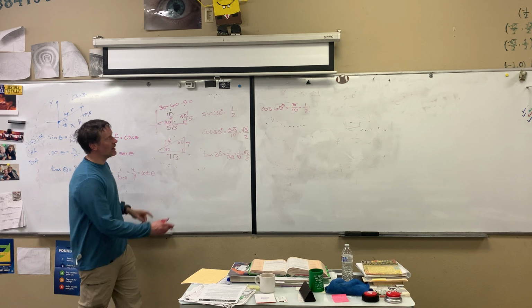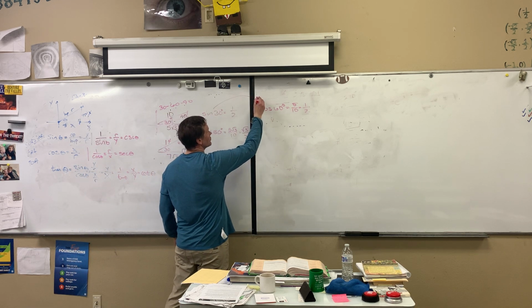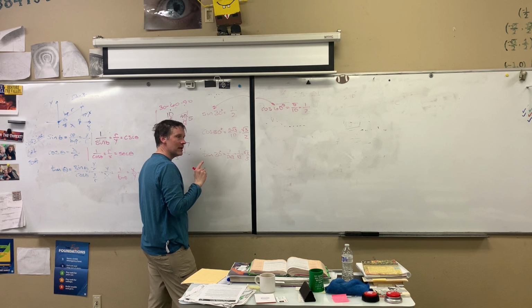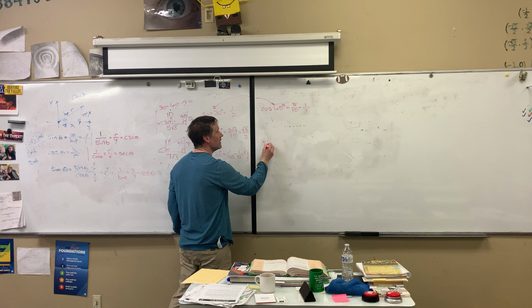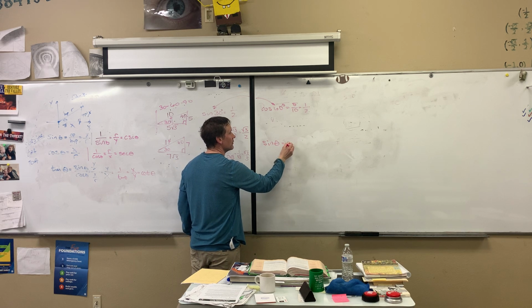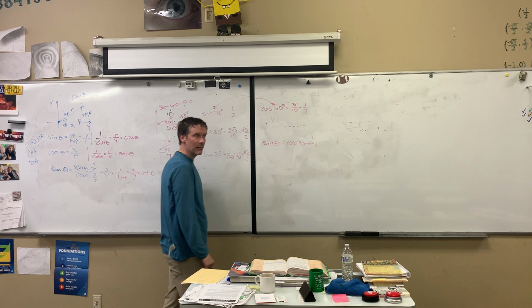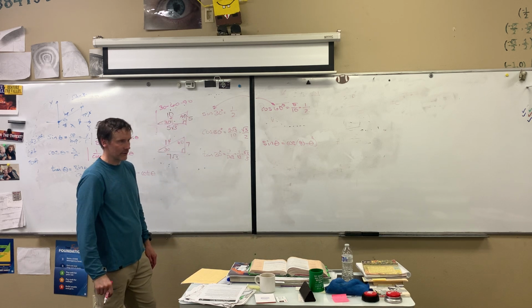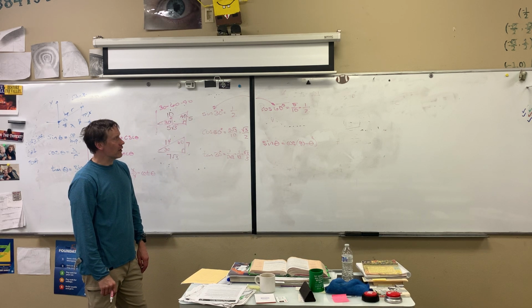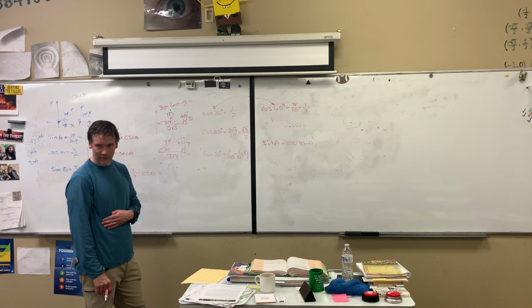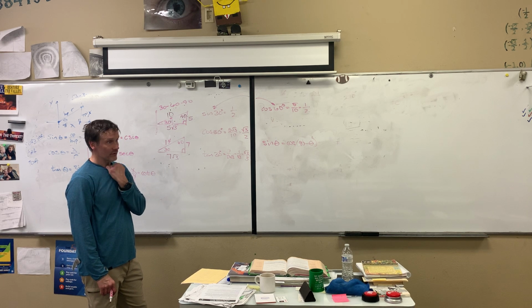So that's right here, I'll briefly mention it, that's a cofunction identity, meaning the sine of theta is equal to the cosine of 90 minus theta. And the book has those all written in there as well. So if I have the sine of 30, that's the same as cosine of 90 minus 30, which is cosine of 60.